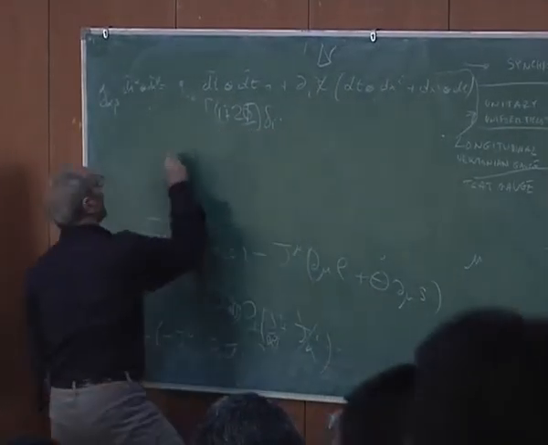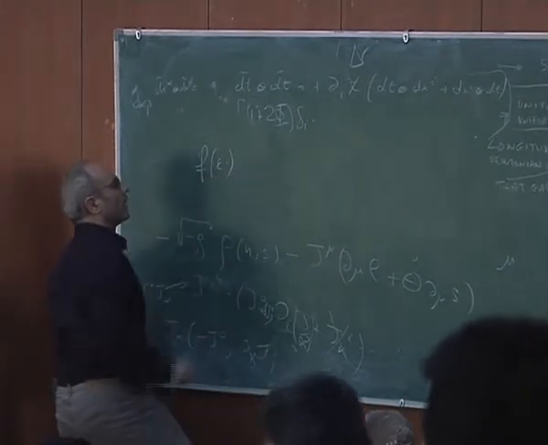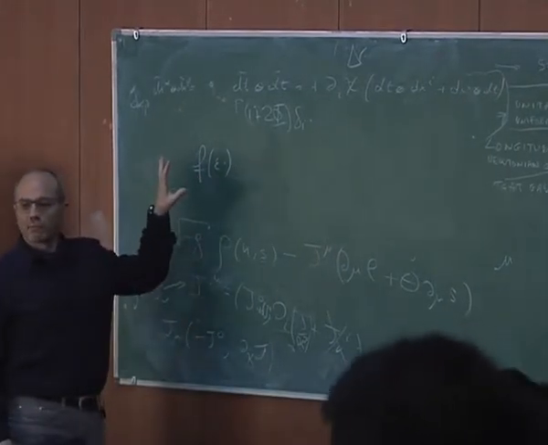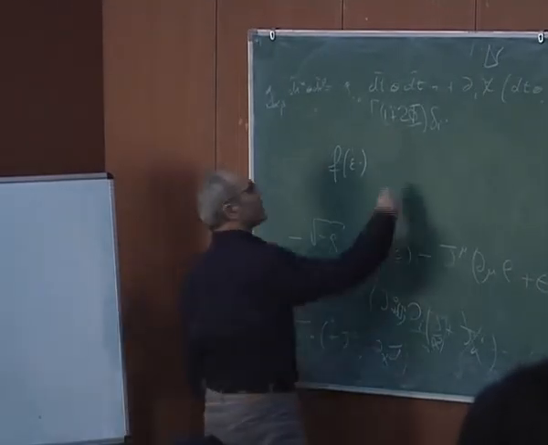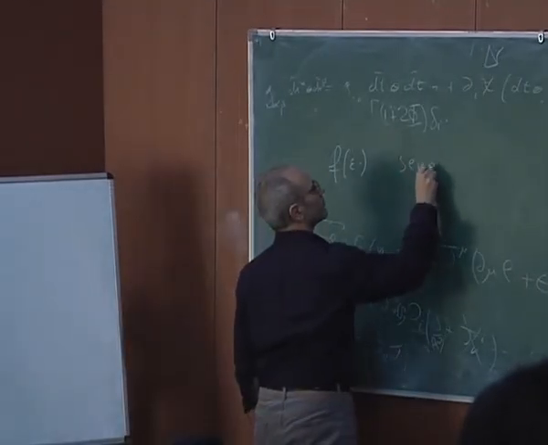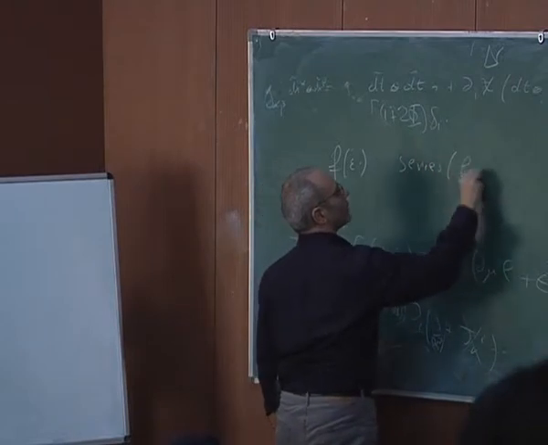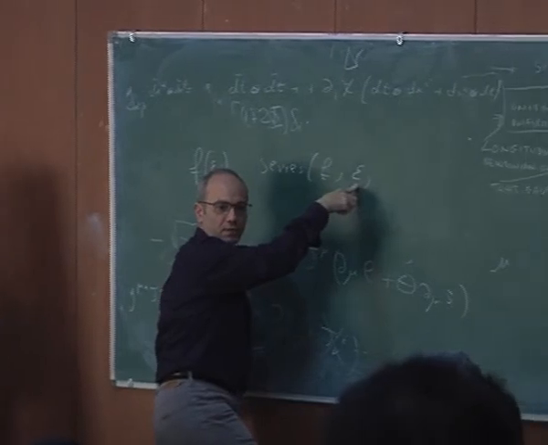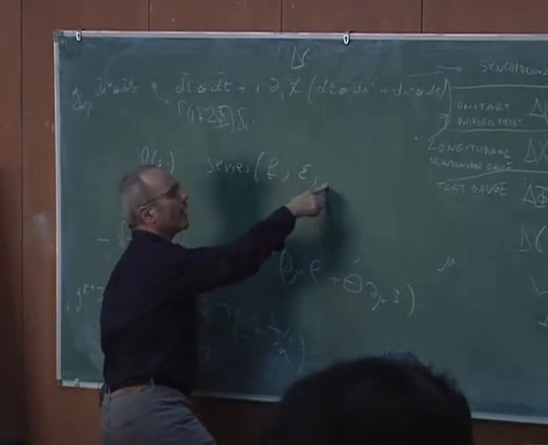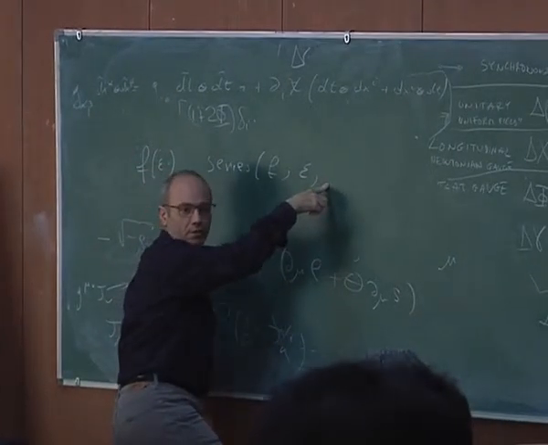So if I have f of epsilon, and I want to say, Maple, do a Taylor expansion, I do the following. I say series of f, and make an expansion in the parameter epsilon, and I have to put a number here for which order I want.